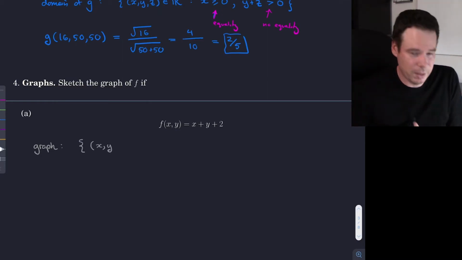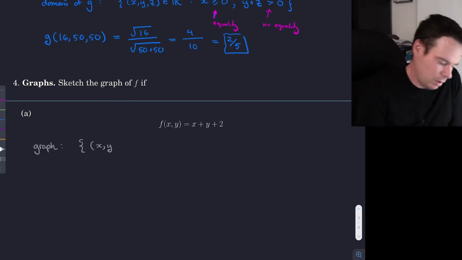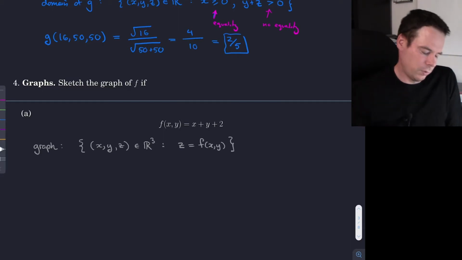So here's a point x, y, and then the output is attached to that as well. So that's our 3rd variable, z. So we've got our 2 input variables and our output variable, and we're sketching that as a point in 3-dimensional space. We want our 3rd variable to be equal to the function value obtained from our first 2 variables.